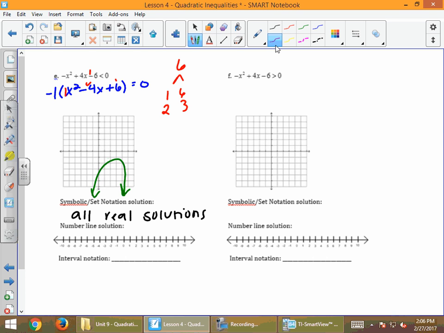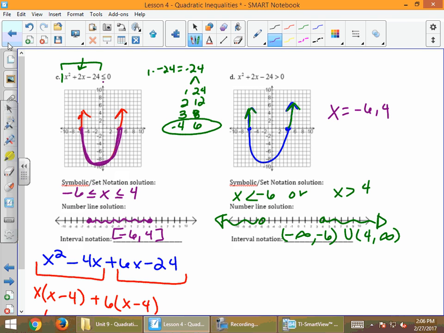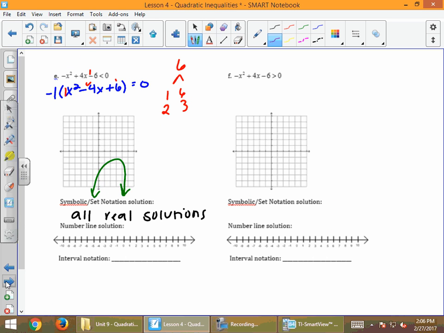if every single x value would work, what do you think we need to do? Here, only these x values work, so we only shaded that part of the number line. But now every single x value will work.